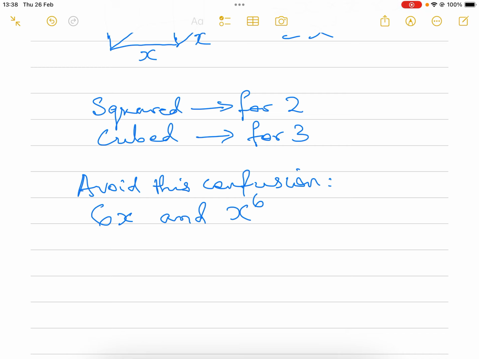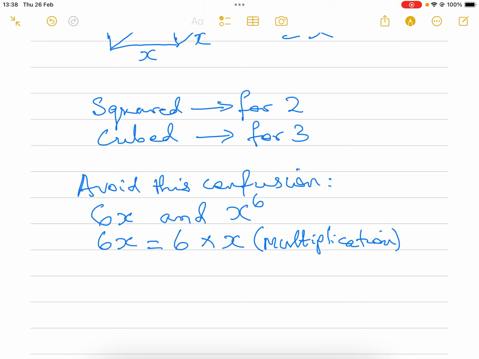Are these the same? No. Let us find out how. 6x is equal to 6 times x.